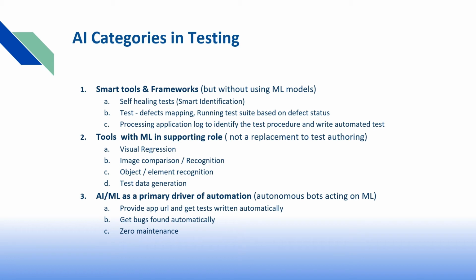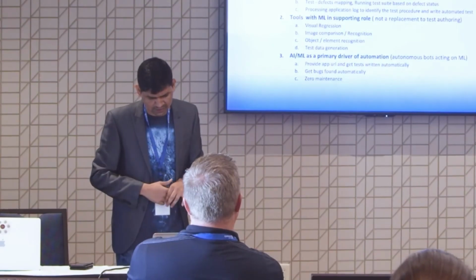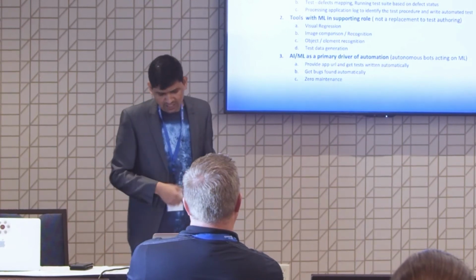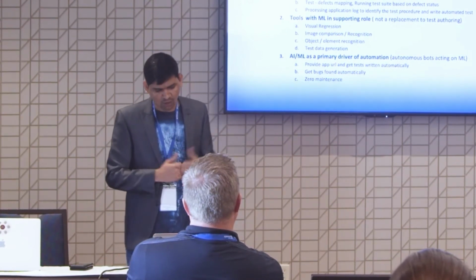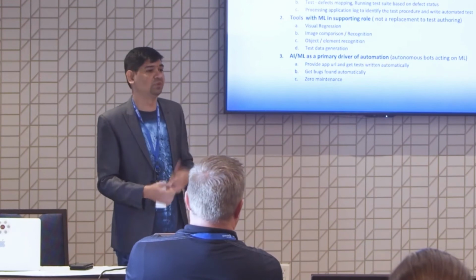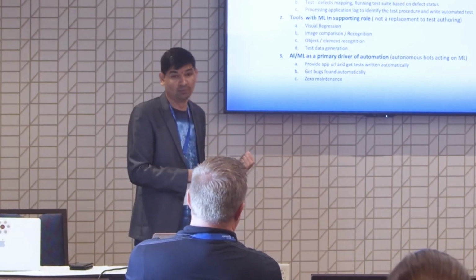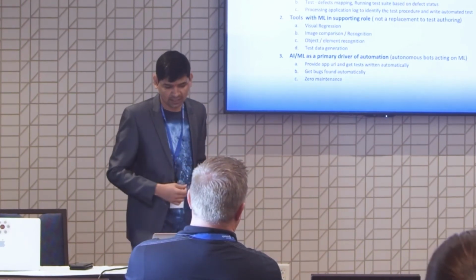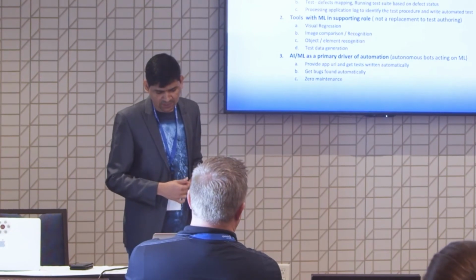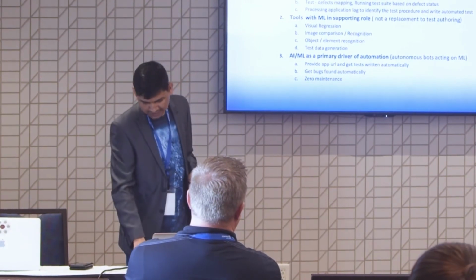A few examples are visual regression, comparing snapshots, finding out if the layout is broken or some elements are missing, or some color issues are there on my web page. Image comparison and recognition, I talked about it. Object element recognition, we just now saw a demo from the test.ai classifier, and test data generation, we talked about that as well.